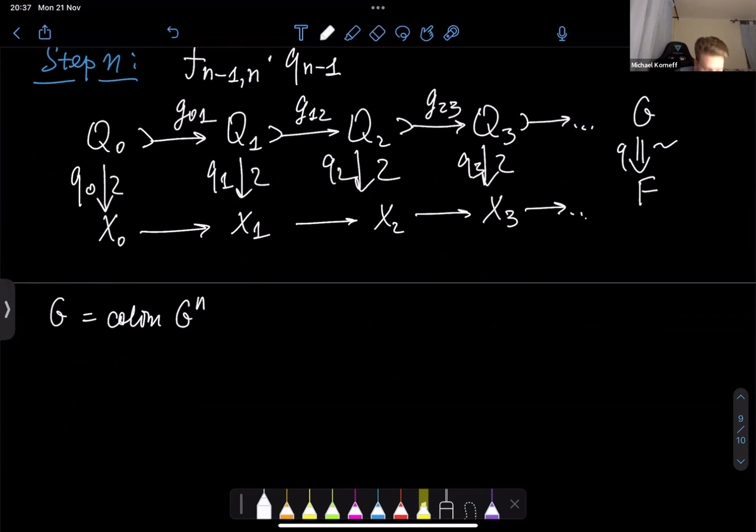We have constructed the following sequence of the functors.